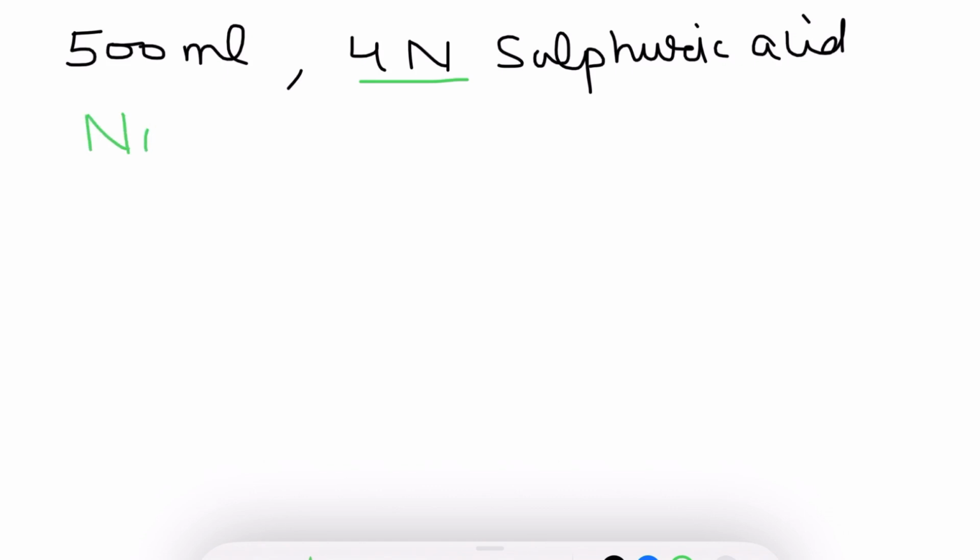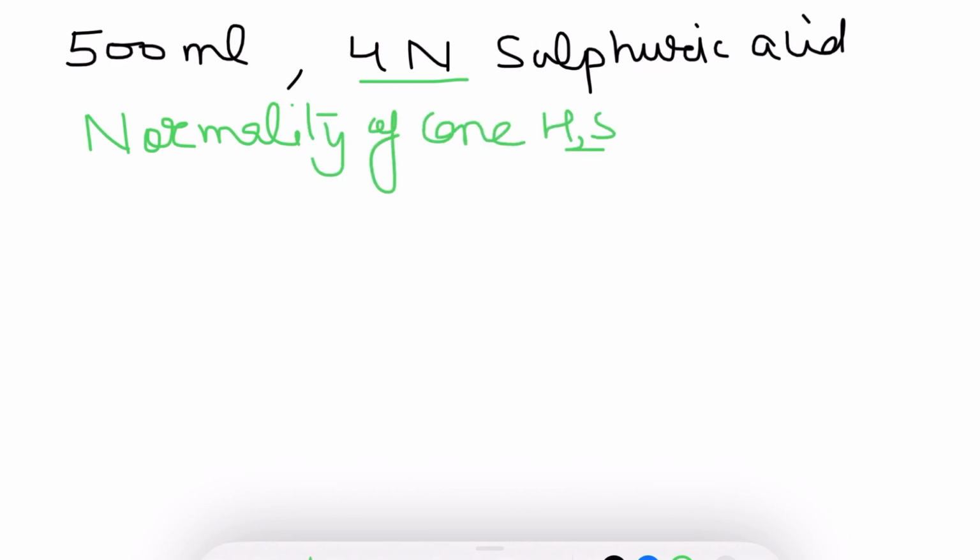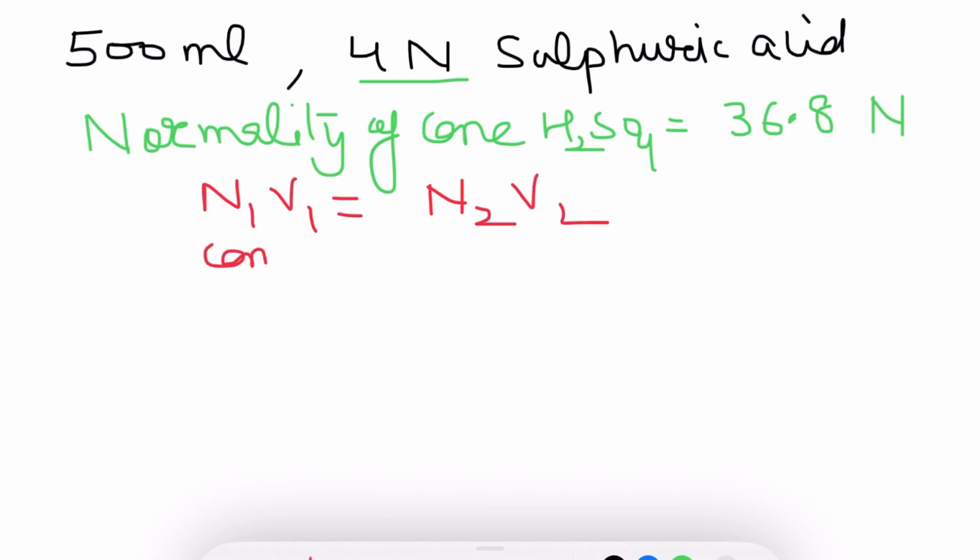Normality of concentrated sulfuric acid is 36.8 N. So we use the normality equation, N1V1 equal to N2V2, concentrated and dilute. N1 here is 36.8. V1 you have to calculate.